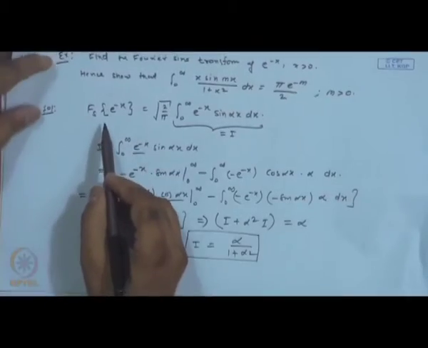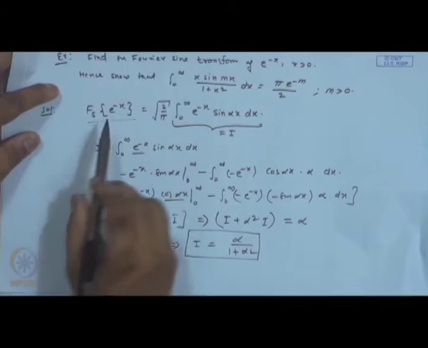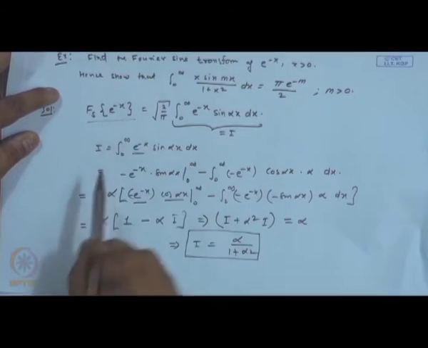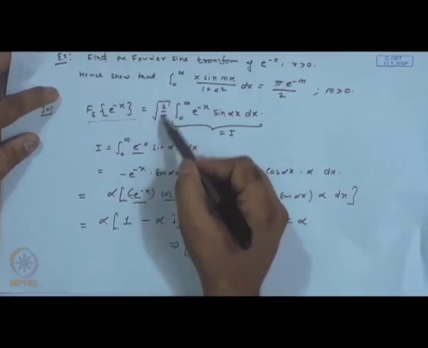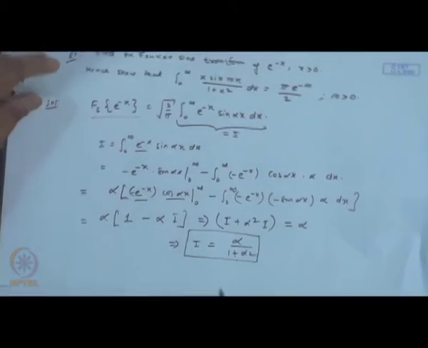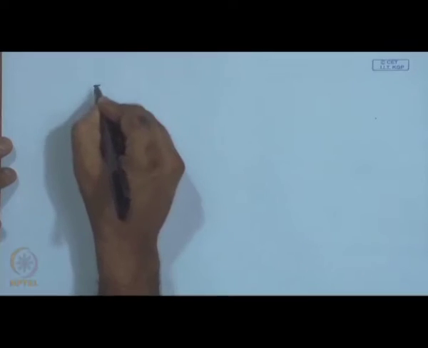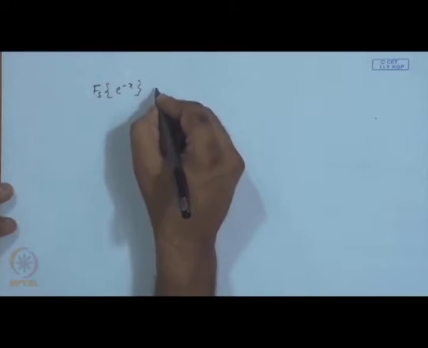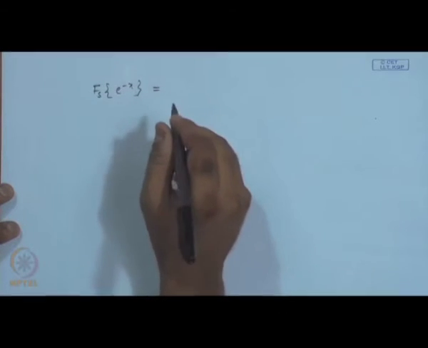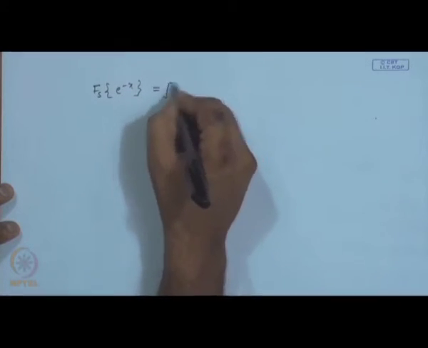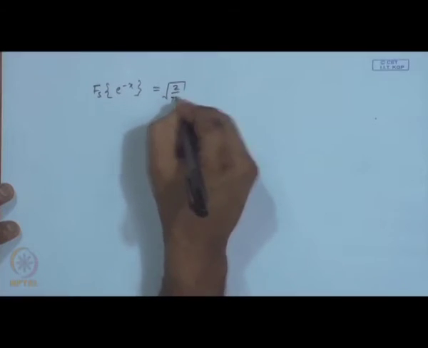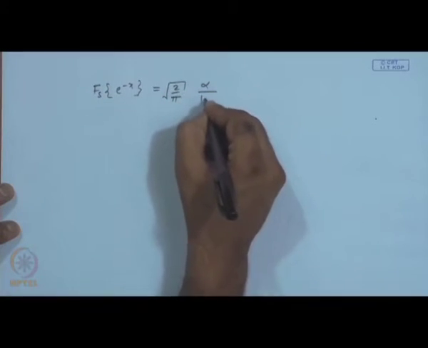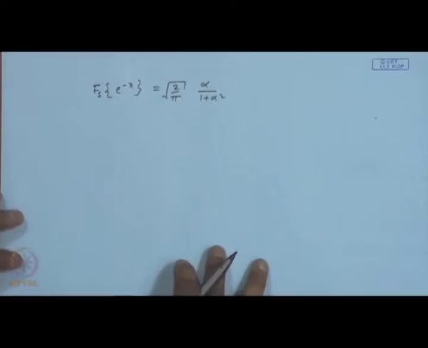So now we have this I, and we got this Fourier sine transform of e to the power minus x, which is square root 2 over pi, and then we will replace with this I. So we have basically the Fourier sine transform of exponential minus x equal to square root 2 over pi times alpha over 1 plus alpha square.